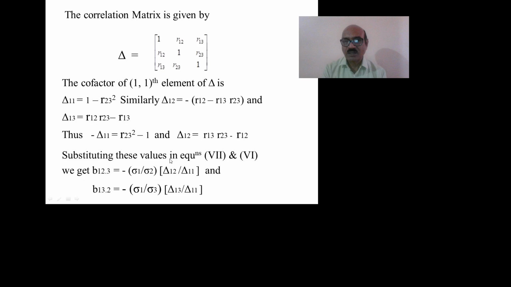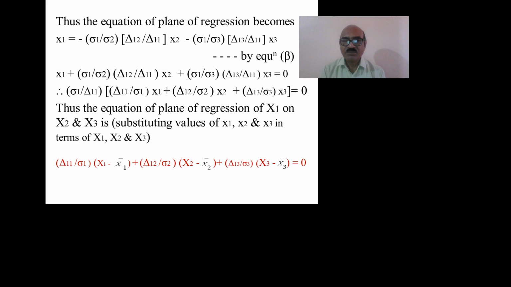Thus, the equation of plane of regression becomes x1 equal to, substituting B12.3 and B13.2, minus of sigma 1 upon sigma 2 into delta 12 by delta 11 x2, and minus of sigma 1 upon sigma 3 into delta 13 by delta 11 x3.